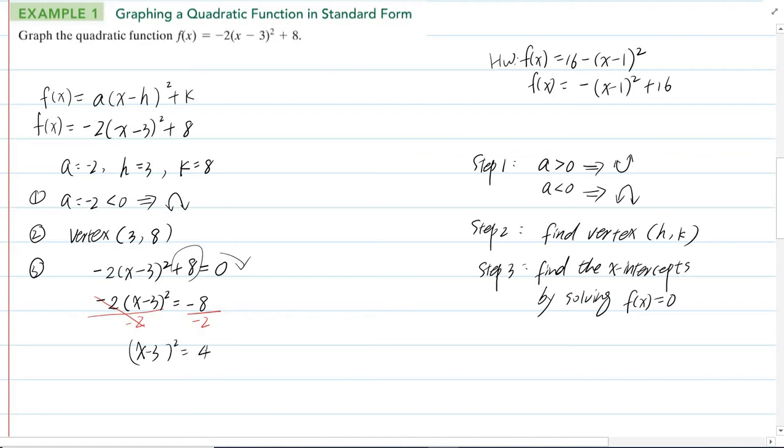Once we have 4, we're going to take the square root of both sides. When we take a square root of both sides, we always have to remember you get positive and negative. So here we have a square and a square root, and they cancel out. We have x - 3 equal to plus or minus 2. Then we add 3 to both sides, so x equals 3 plus or minus 2.